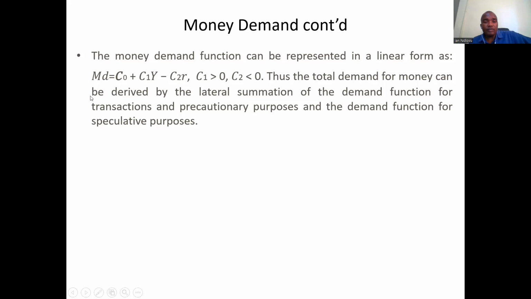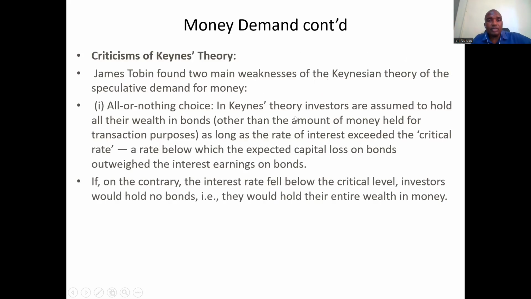C1 is positive because money demand is positively related to changes in national income. As national income increases, we expect people to demand more cash balances to carry out increased transactions in an economy, and also for more opportunities that exist in the economy. But as the interest rate increases, the opportunity cost of money increases. People save more, which means they demand less money in terms of money holdings, other things being equal.